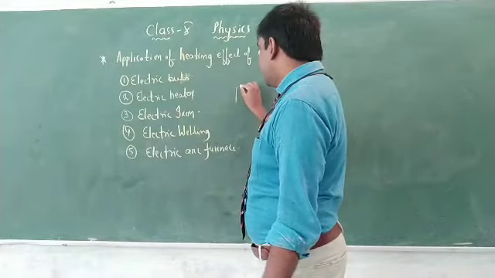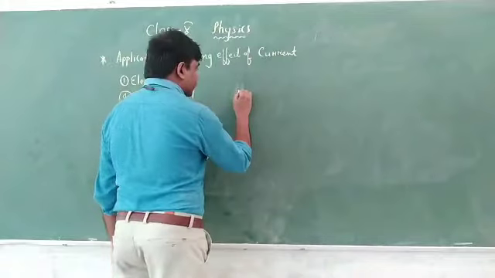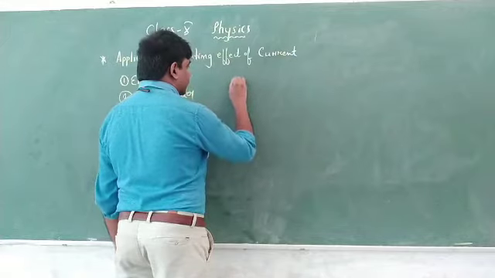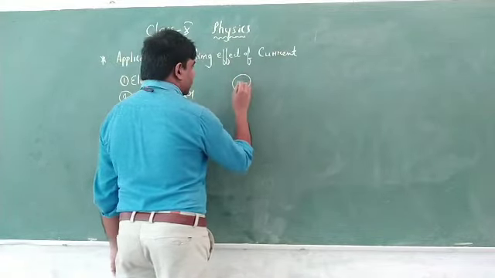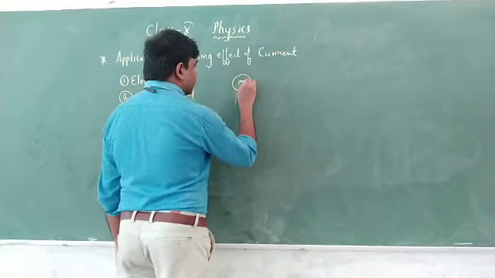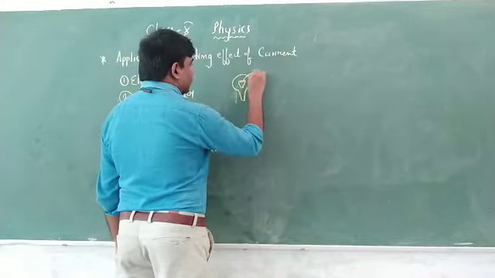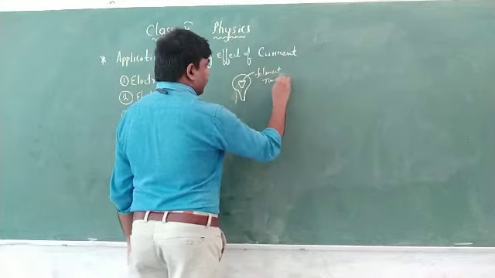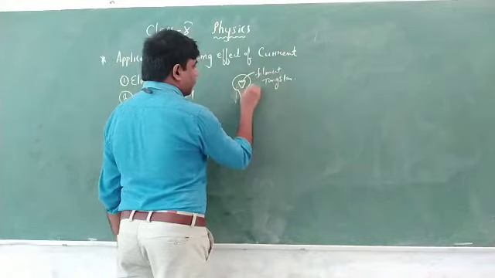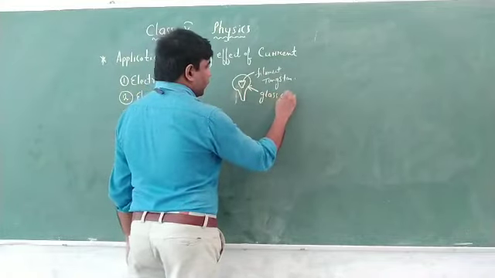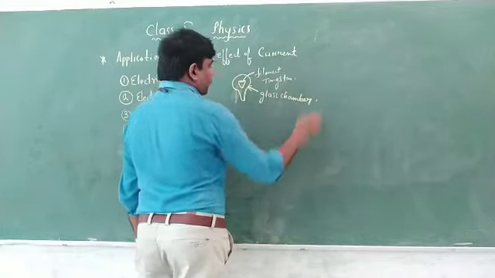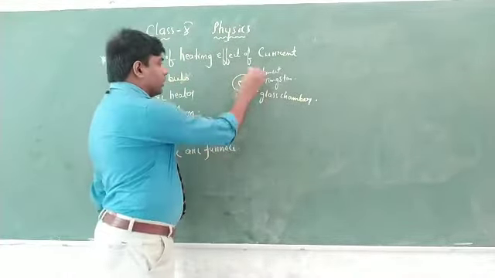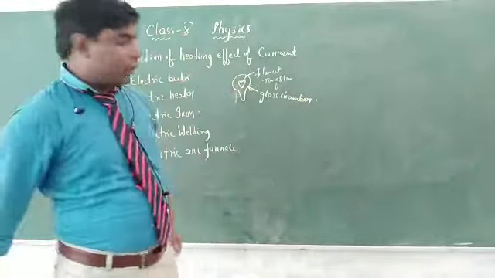If we look at the bulb, inside there is a filament made of tungsten, and there is a glass chamber that encloses the filament.